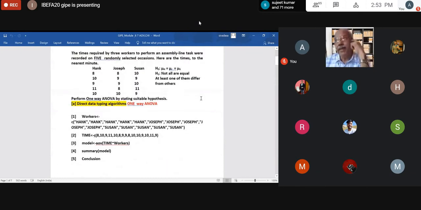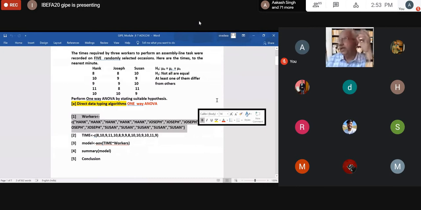So let us see typing. Workers: Hank 5 times, Joseph 5 times, Susan 5 times. String data.